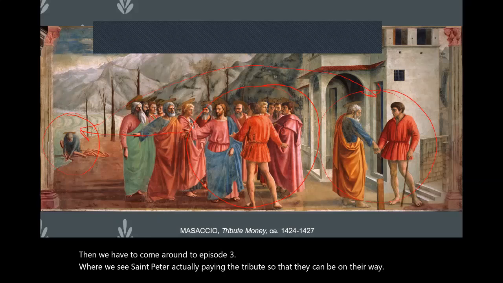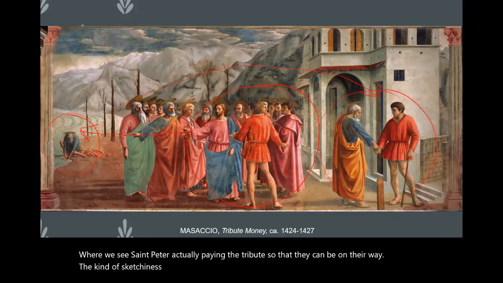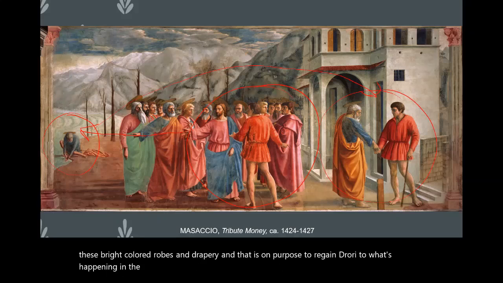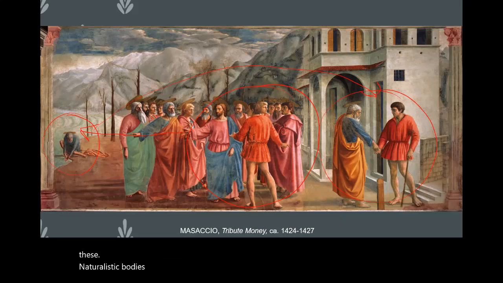The kind of sketchiness, the grayness of the background helps us focus. Note that everyone's in these bright colored robes and drapery, and that is on purpose to, again, draw our eye to what's happening in the foreground and kind of consider the background just a means of looking at these naturalistic bodies in 3D space.